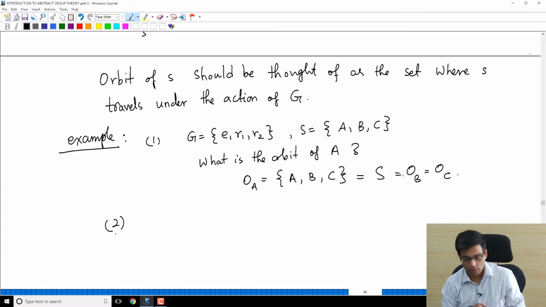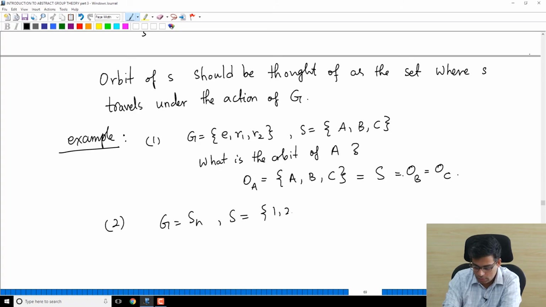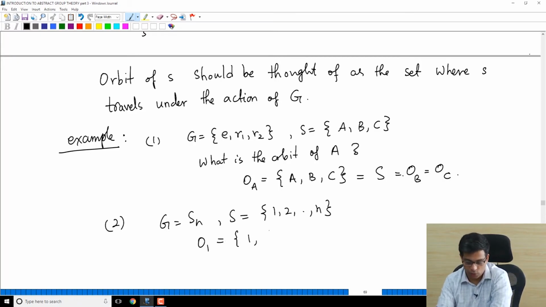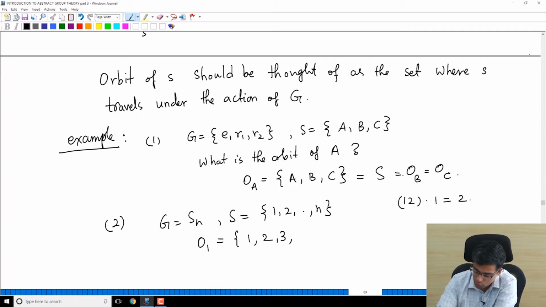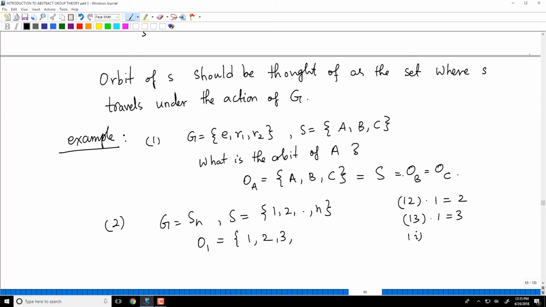In the second one, G was the symmetric group and S was the indices 1 through n. What is the orbit of 1? 1 is there, certainly, because identity applied to 1 is 1. 2 is there because (1 2) sends 1 to 2. 3 is also there because (1 2) applied to 1 is 2, (1 3) applied to 1 is 3, and in general (1 i) applied to 1 is i, right.